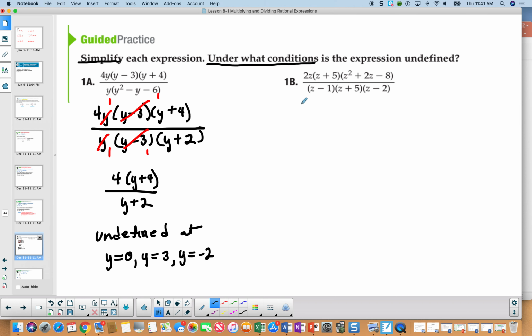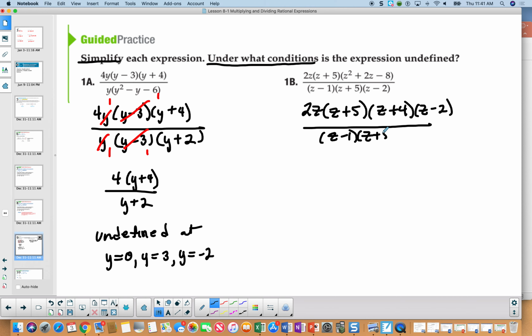Let's do this again. I am going to factor the numerator, and so this will be z plus 4 and z minus 2. And I'm going to go ahead and reduce.